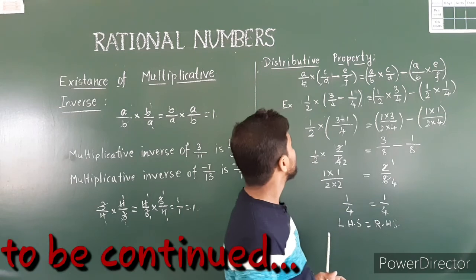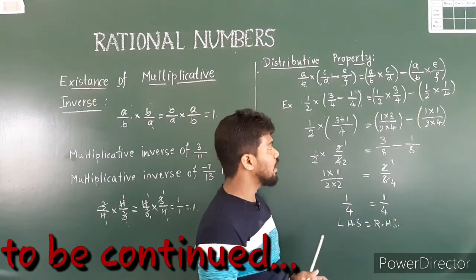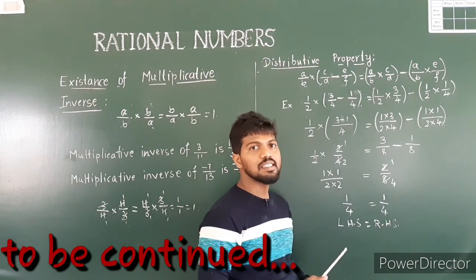Therefore, multiplication of rational numbers is distributive over subtraction.